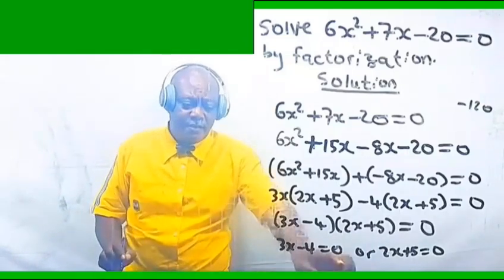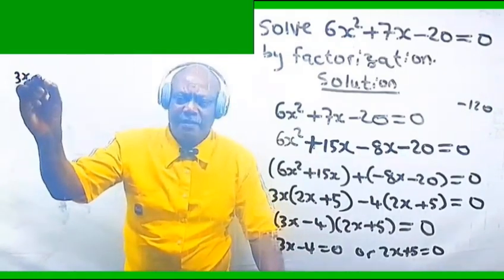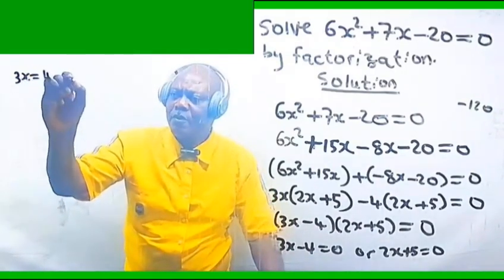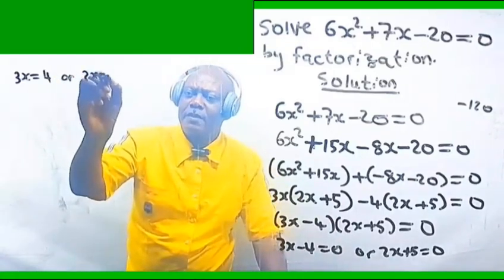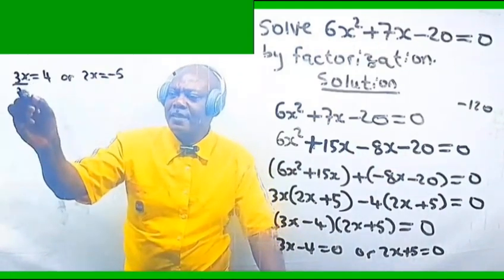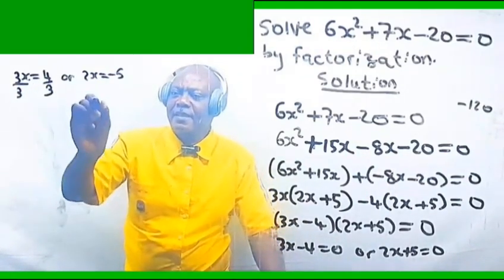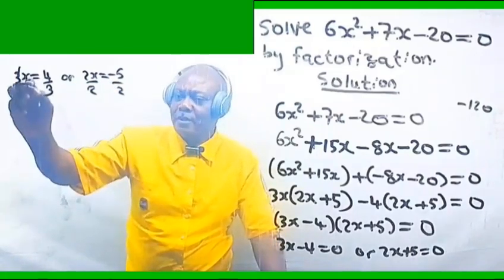Yes. So from here, 3x will be equal to 4 or 2x will be equal to minus 5. Divide both sides by 3 for this one and by 2 for this one, so these cancel out.